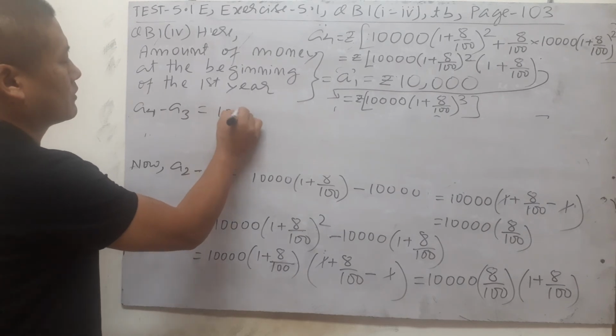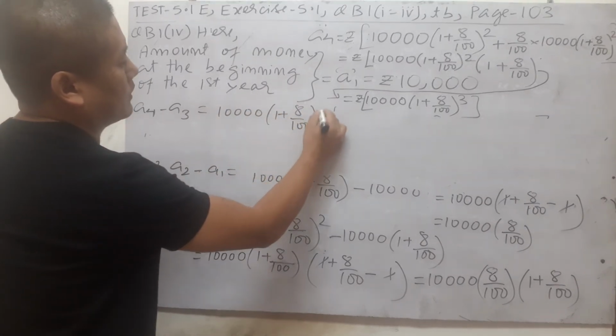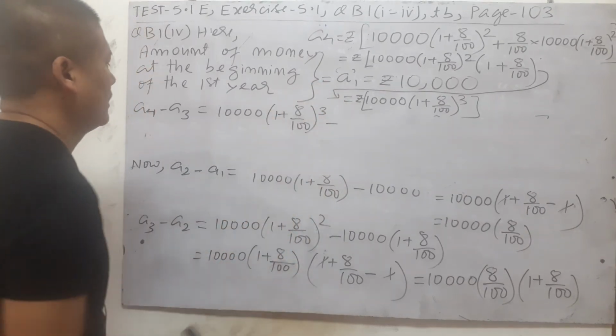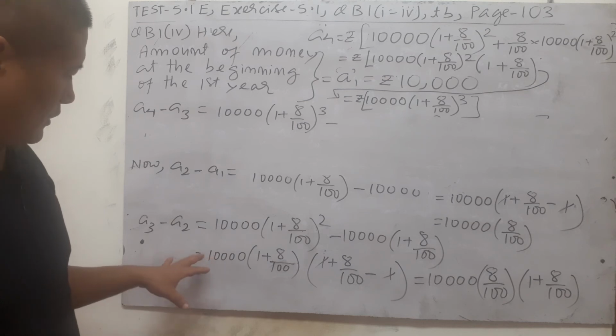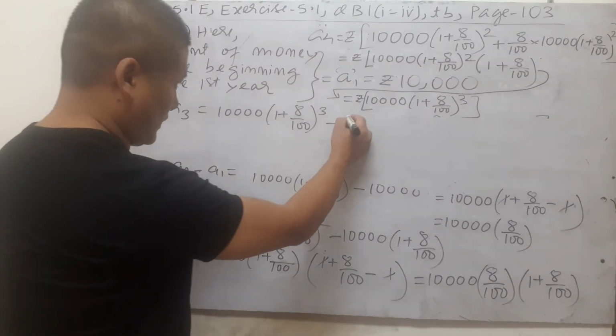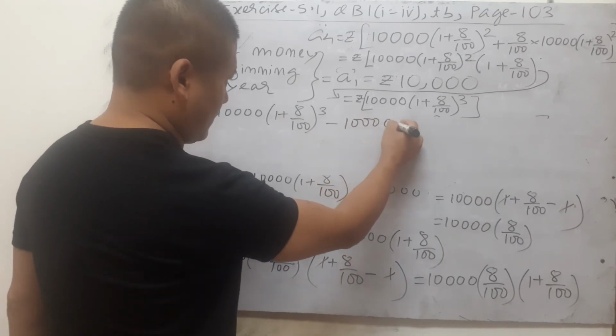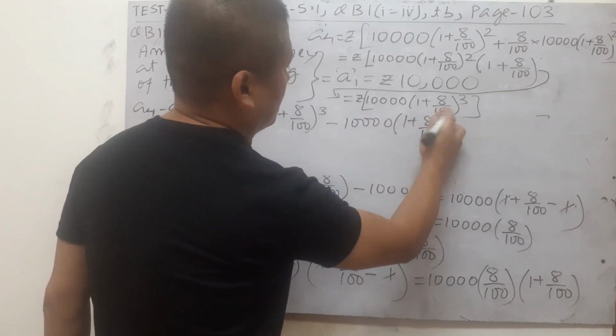So 10,000 into (1 plus 8 by 100) cube minus A3. And the A3 value was, as you can see here also, this is the A3 value. In your notebook you check, same thing, 10,000 into (1 plus 8 by 100) square.